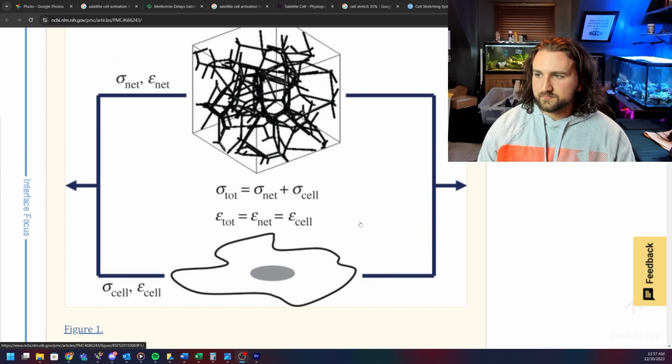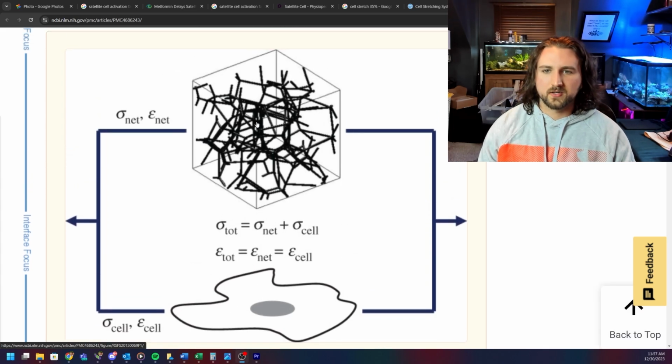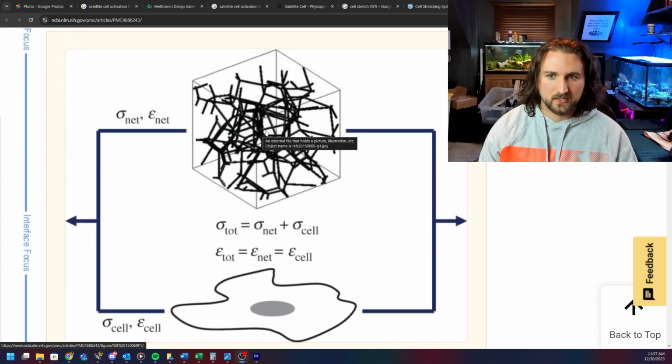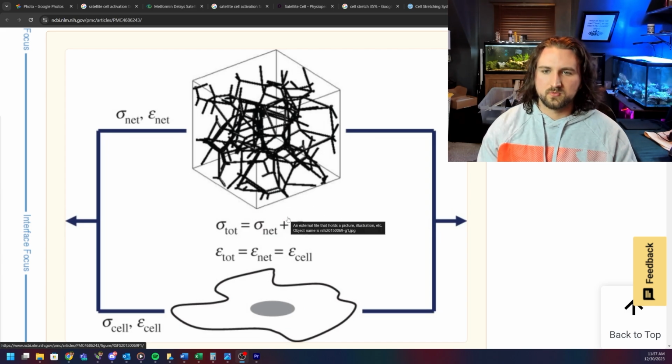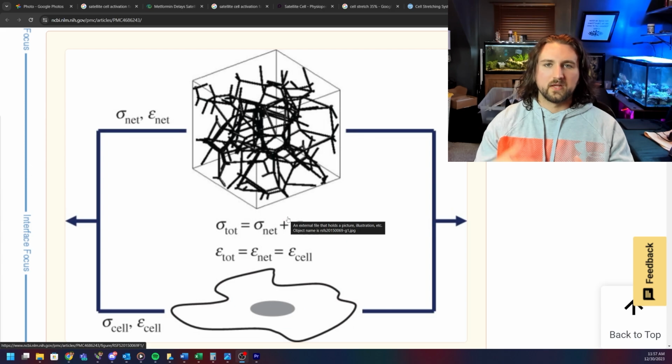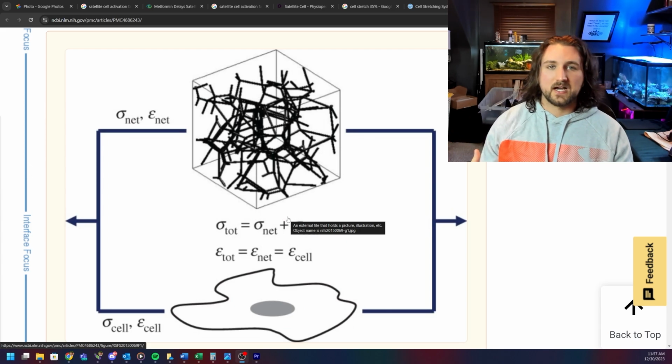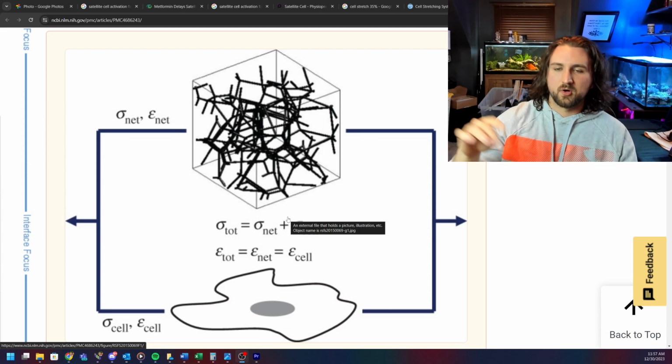So you can get a lot of network stress, collagen stress, or you can get a lot of cell stress. And they are always going to try to become equal, but they'll never actually be equal because by design, the collagen is supposed to take the brunt of the weight.